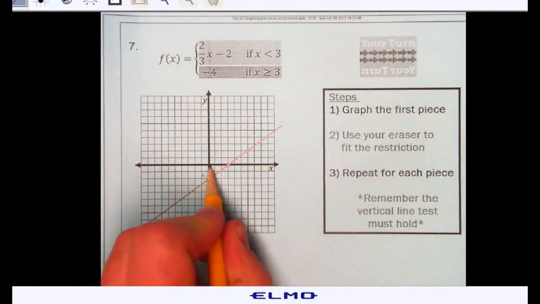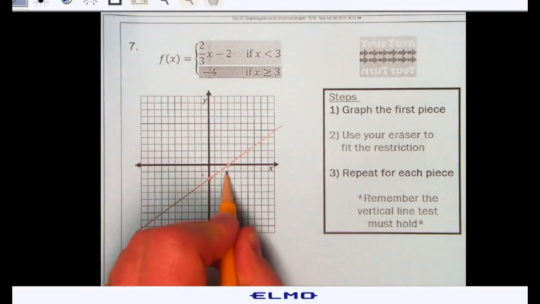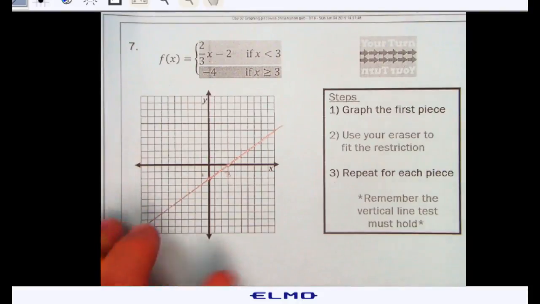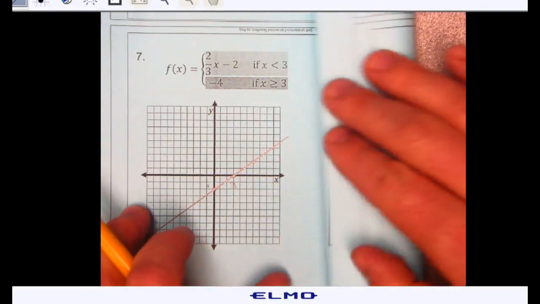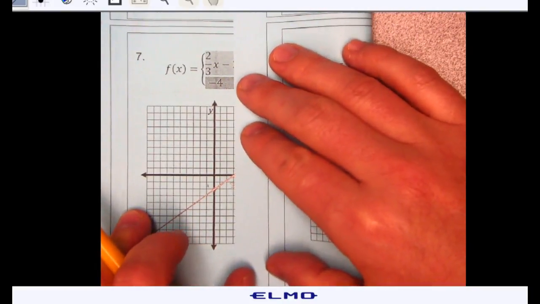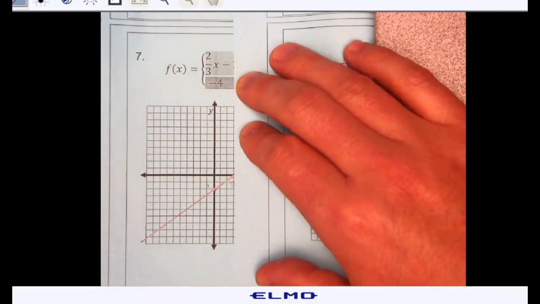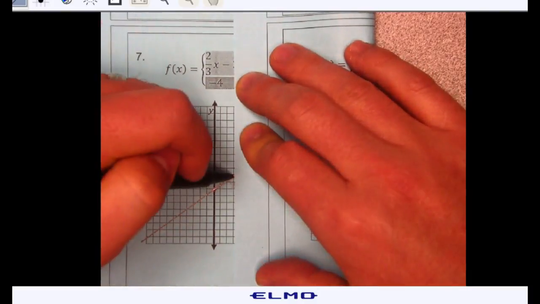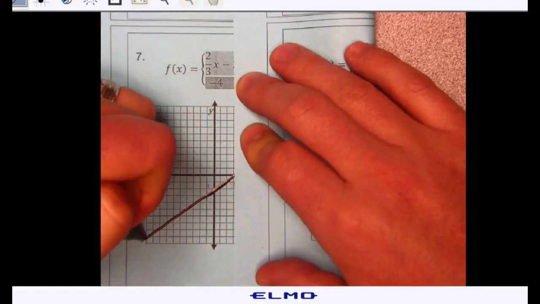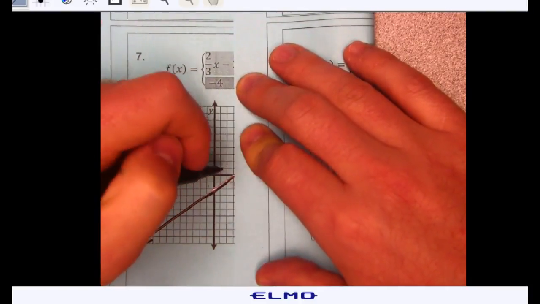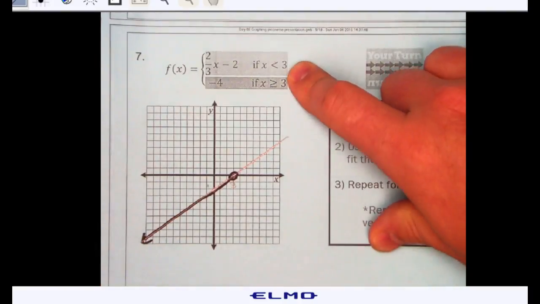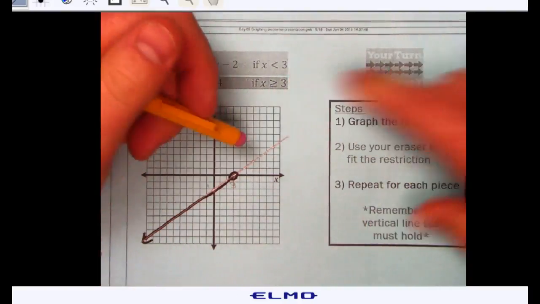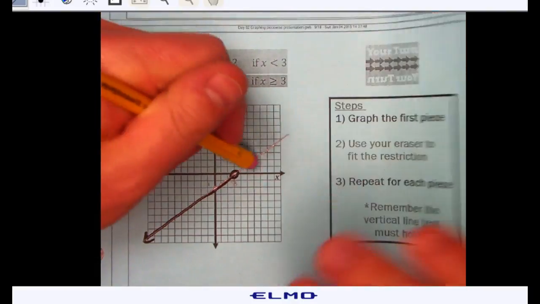Here's x, so this is 1, 2, and 3. So this is where you're folding to, right here at x equals 3. So less than 3, use the right-hand side. Move it to 3, and you know that's the part that should be in your answer. And it should be open. And then everything else should be erased. Everything underneath the paper gets erased, so that's this part.